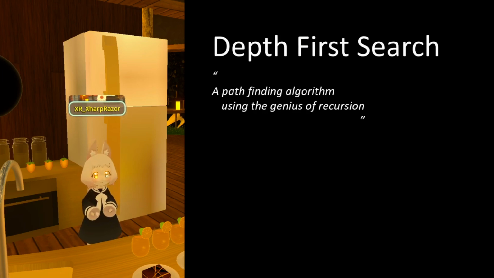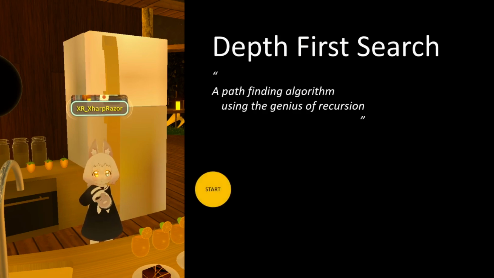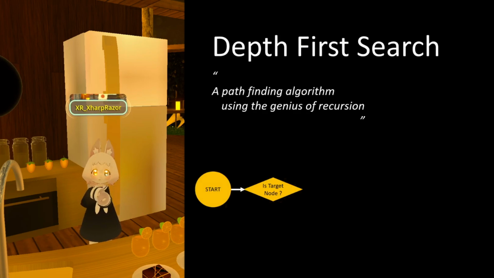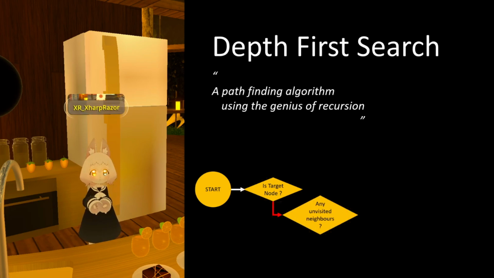The main idea is you start at some node or some starting location, and then you ask, is the thing that you want in that node? If no, okay, look around you. Do you have any unvisited neighbors?